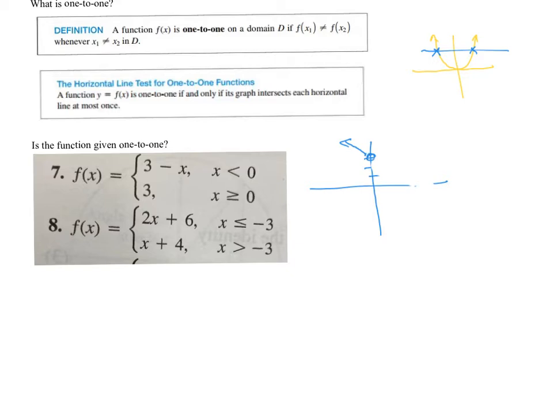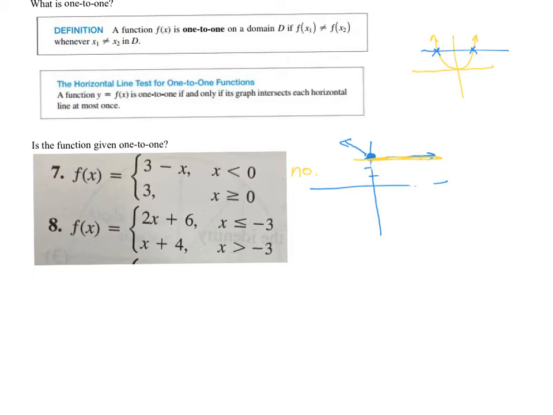And the rest of it is when x is 0, y is 3, and then to the right of that, it stays a horizontal line. So is this function one-to-one? No, it's not, because this is actually a horizontal line. So you're crossing that line many, many times. So this one would not be one-to-one.